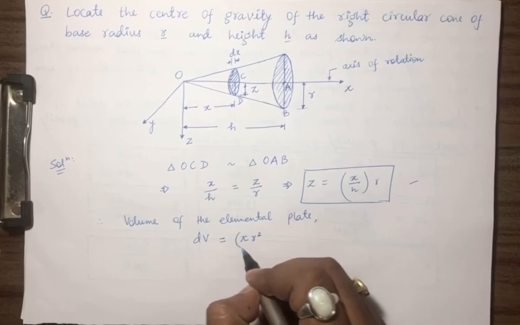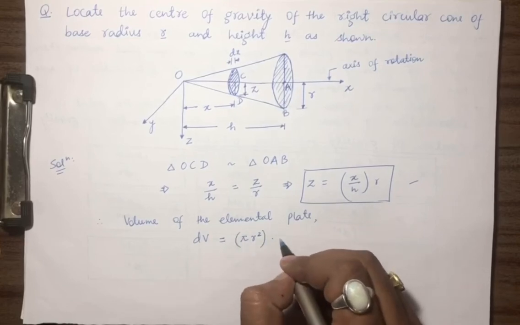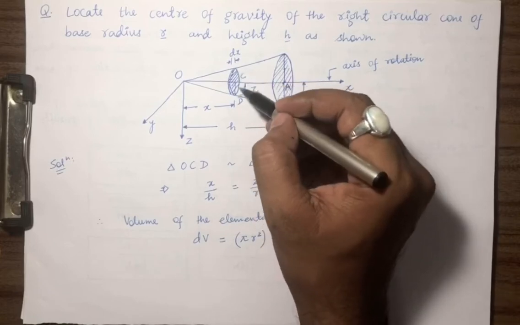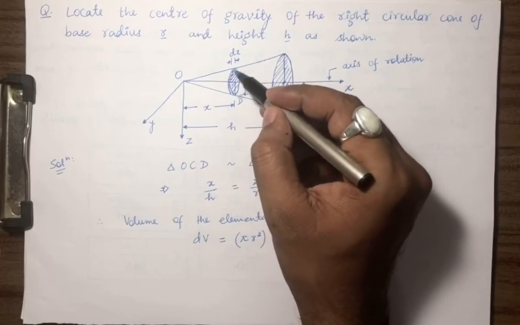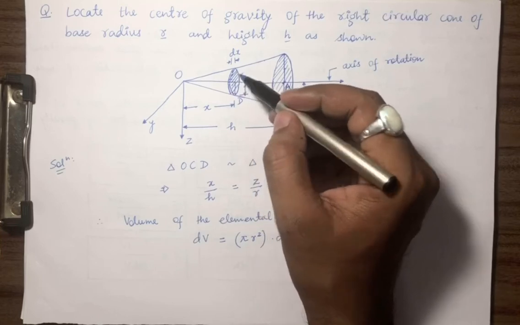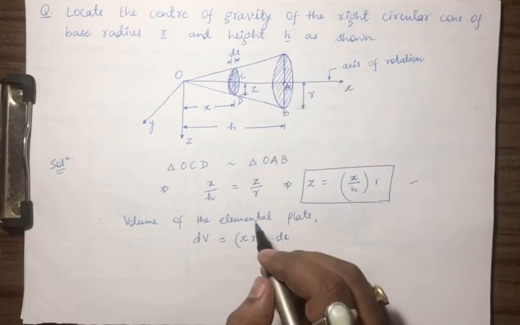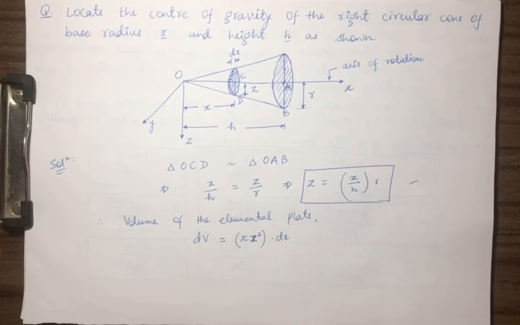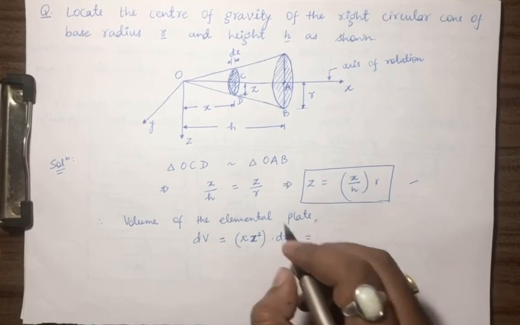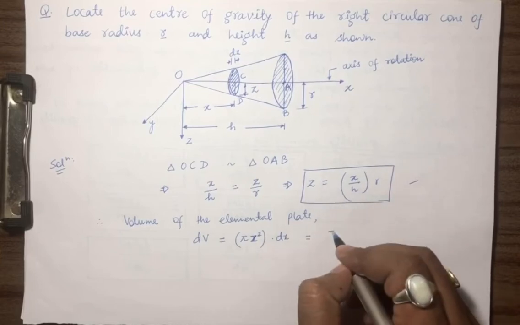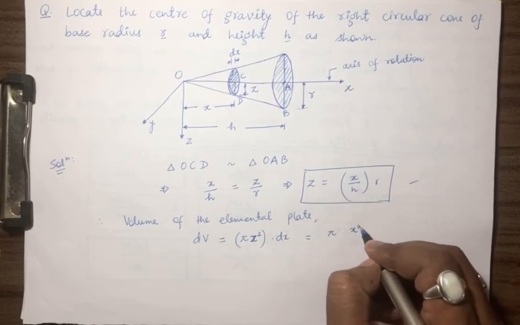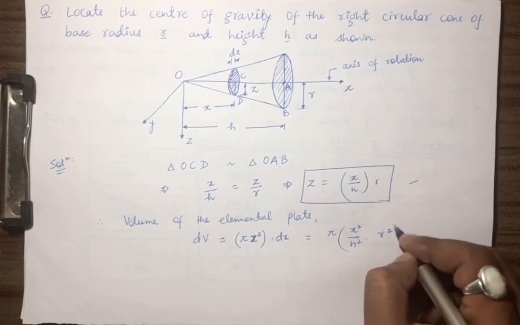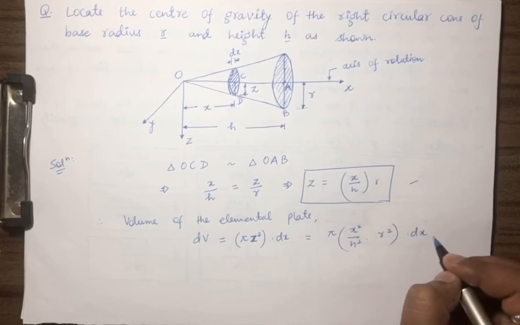So pi r square into dx. What will be the volume? This area of this circle multiplied by the height. So this will be pi z square into dx. So replace this z from here: x square upon h square into r square into dx.